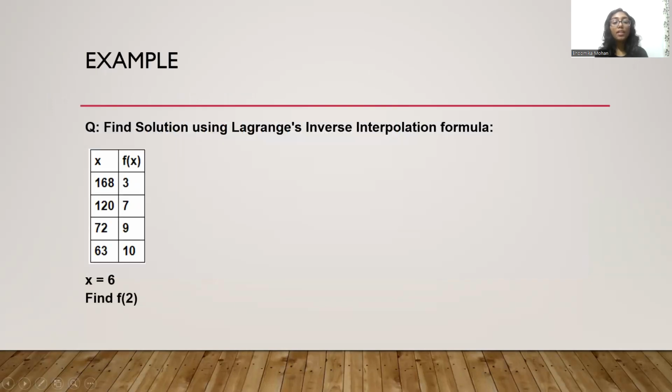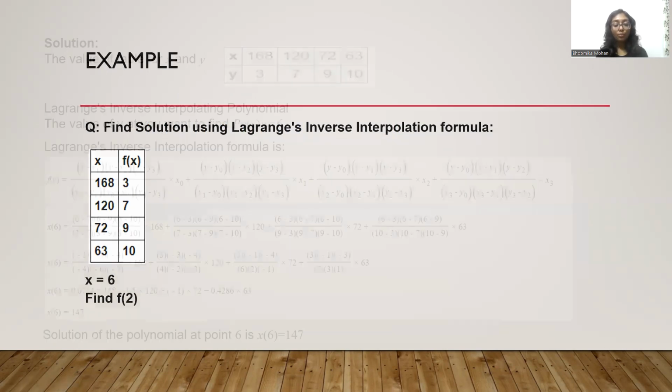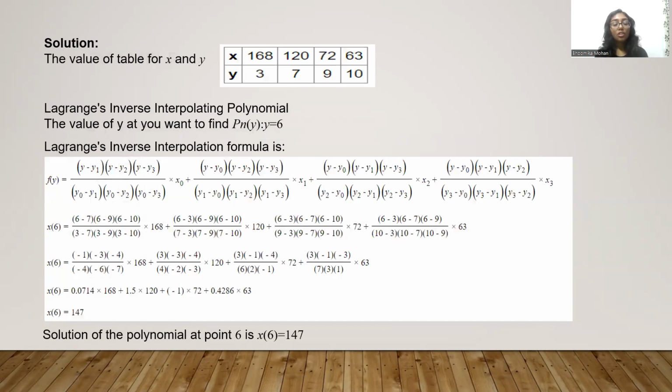For example, find the solution using Lagrange's inverse interpolation formula. The given values of x are 168, 120, 72, 63, for the values of f of x, 3, 7, 9, 10. For f of x equal to 6, find x. Solution.